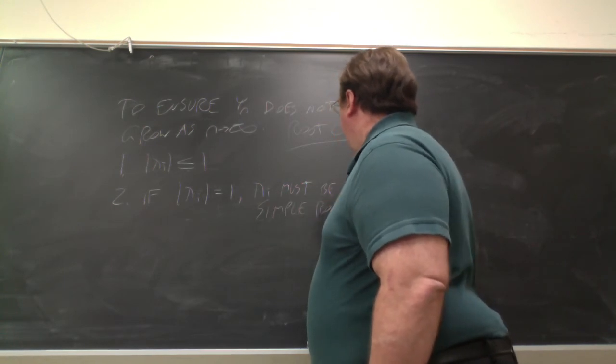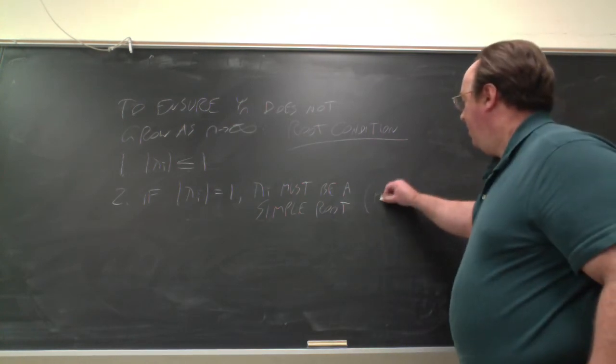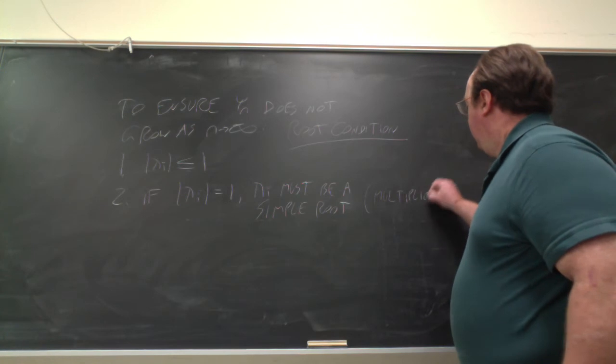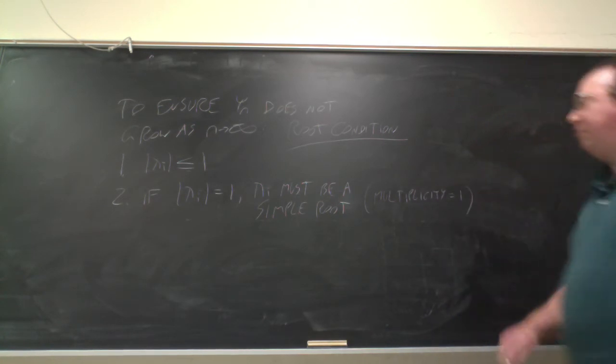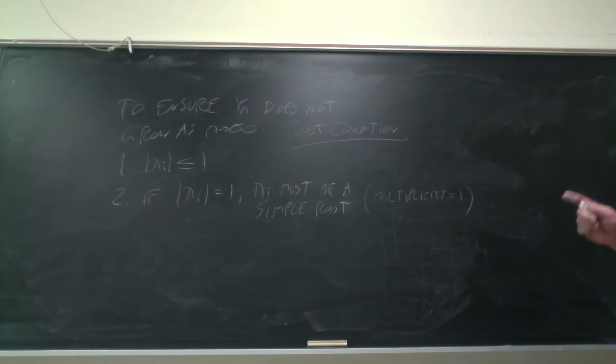I mentioned simple roots before with root finding methods. In other words, it cannot be a multiple root, like a double or triple root, so the multiplicity must be equal to 1. Otherwise you have some of those factors of n slipping in there that will lead to exponential growth. Now, if a root is less than 1 in absolute value, it can repeat. It's okay, because that exponential decay will overwhelm everything. So if the alphas in your multistep method satisfy these conditions, then you're good. Your method is stable.